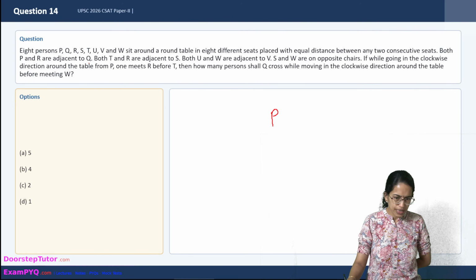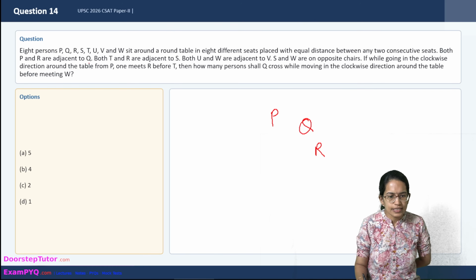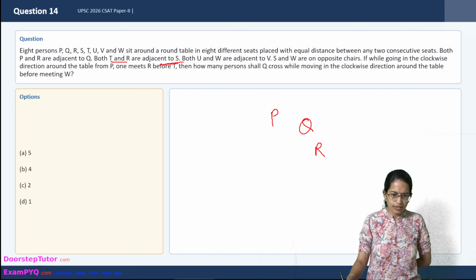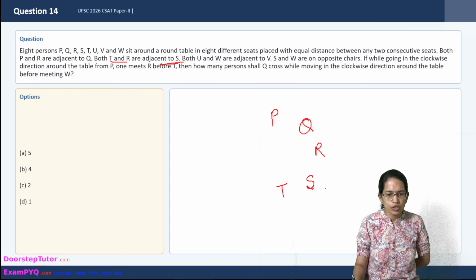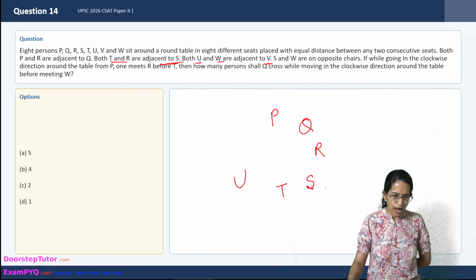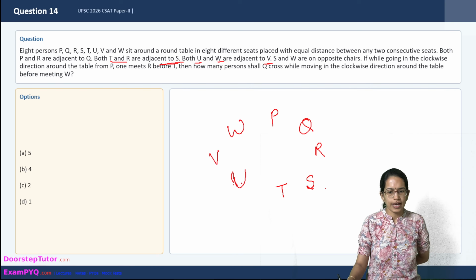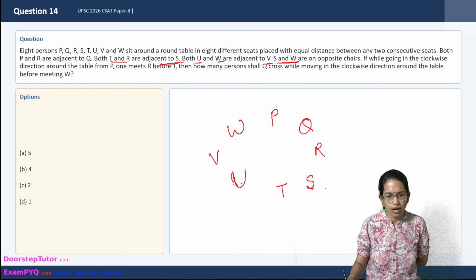So we have P and R adjacent to Q. Now the next is T and R are adjacent to S. So you already have R, you have T, they are adjacent to S. Now both U and V are adjacent to W. So I have U and V adjacent to W. Now this is what I have drawn. Now S and W are opposite. Makes sense in the diagram as we have seen.